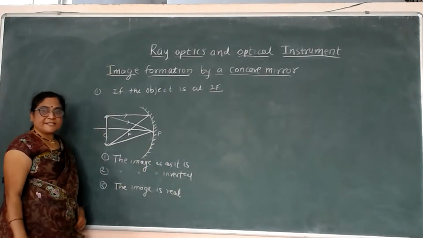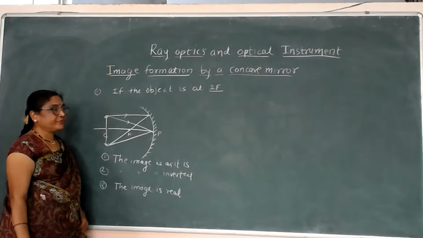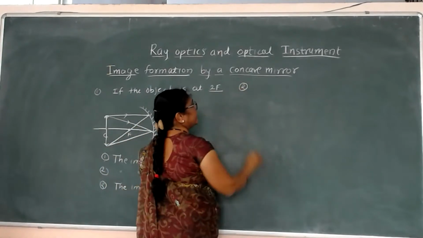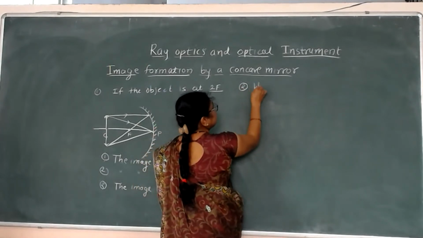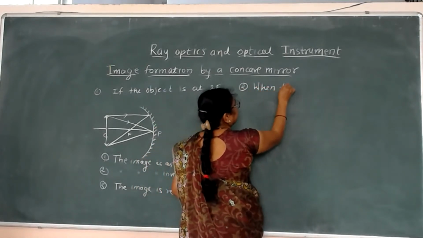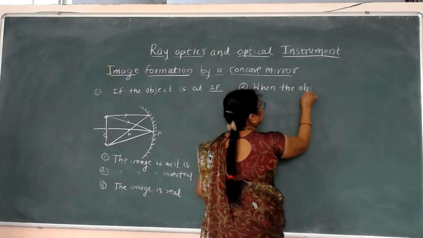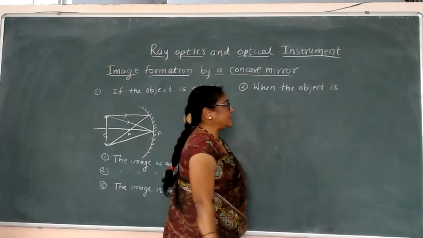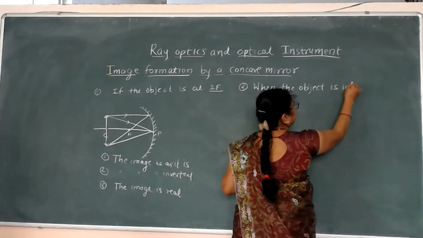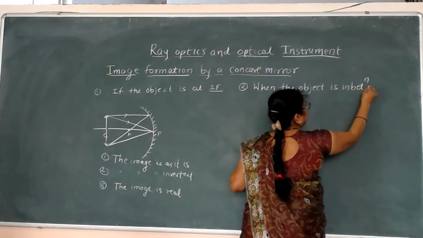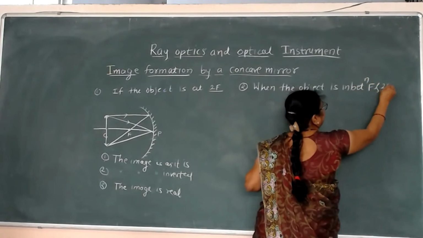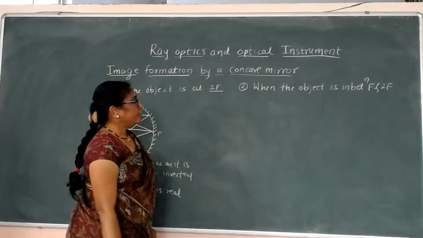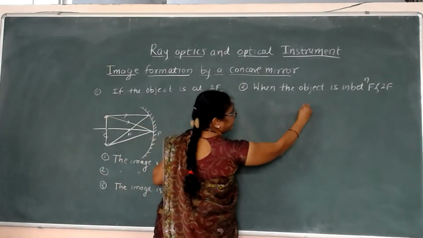So these are the points when the object is at 2F. Now second, when the object is in between F and 2F, meaning between F and the center of curvature, draw another ray diagram.